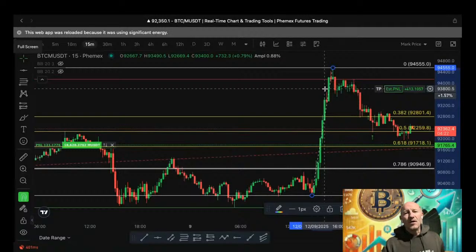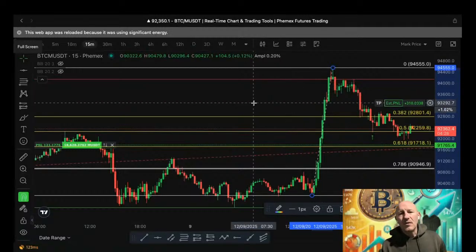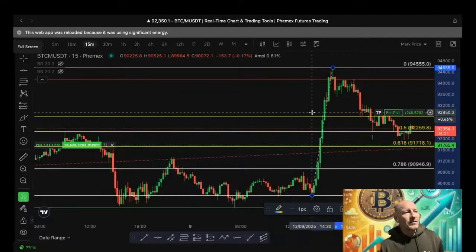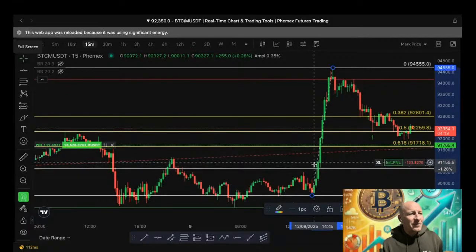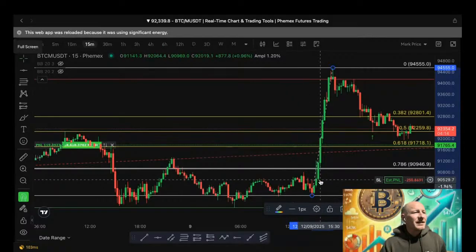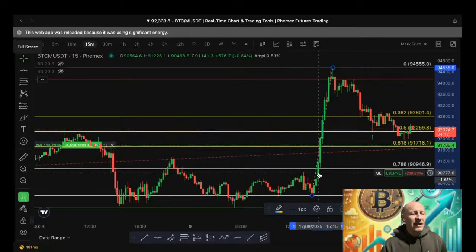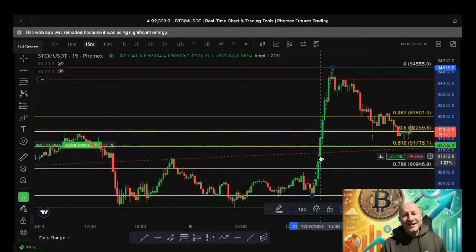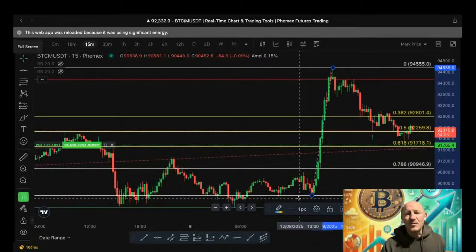So you have to know when to get out. So a lot of people, right? So newbies, they'll get in right here, right? And then they'll get out right here because they're like, oh, it's not going to go higher. There's no way it could go higher, especially when it hasn't been going higher for the past, what, 4 days? So everybody's like, okay, I guess it's not gonna pump.